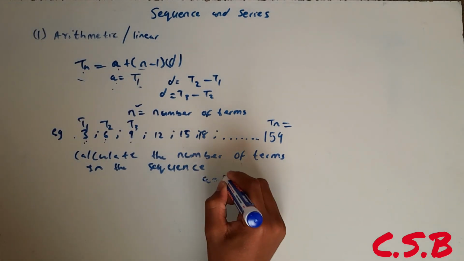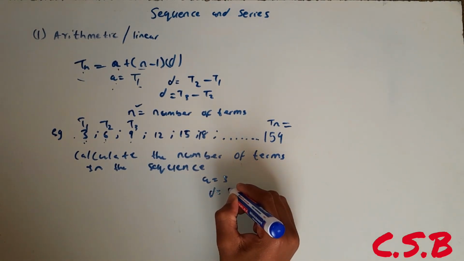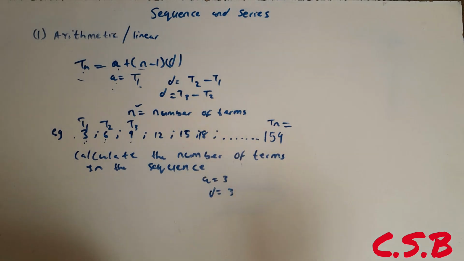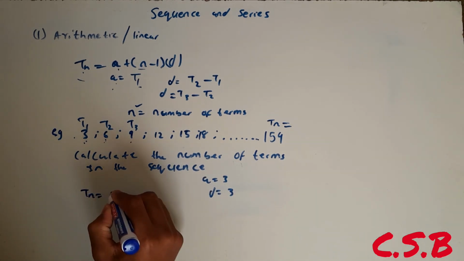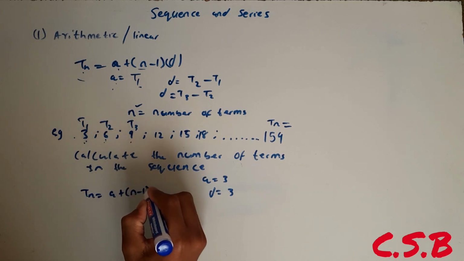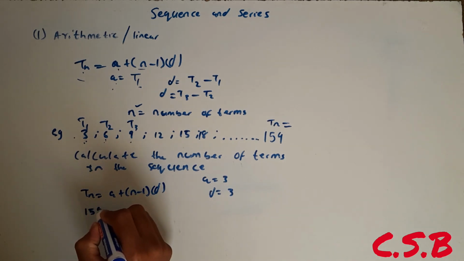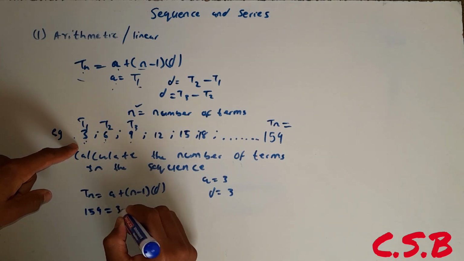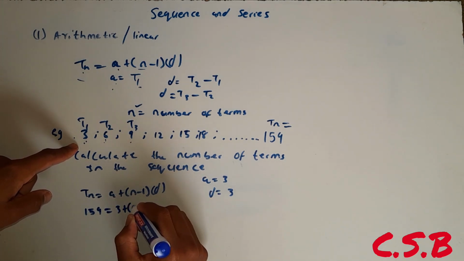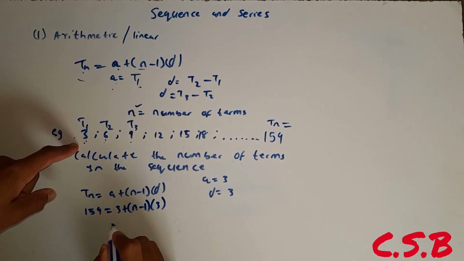Our a is 3, and our d is 3 as well, because 6 minus 3 is 3. So Tn equals a plus (n minus 1) d. We equate that to 159 equals 3 plus (n minus 1) times 3.